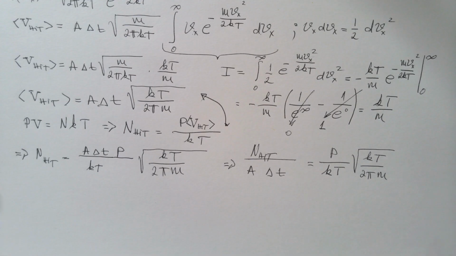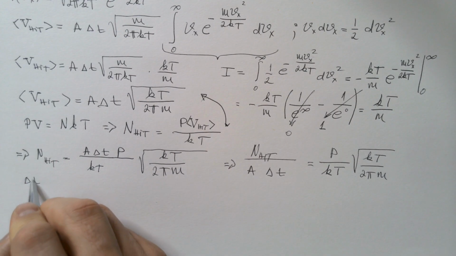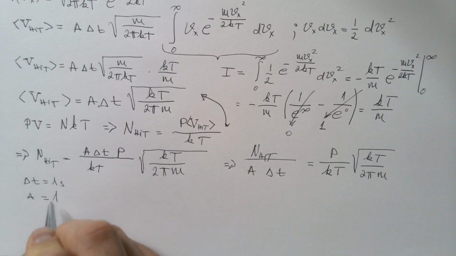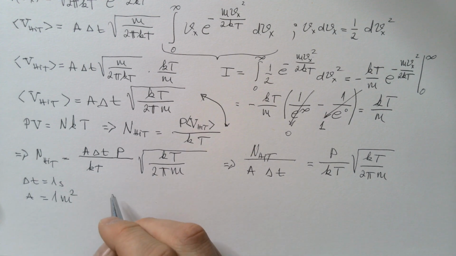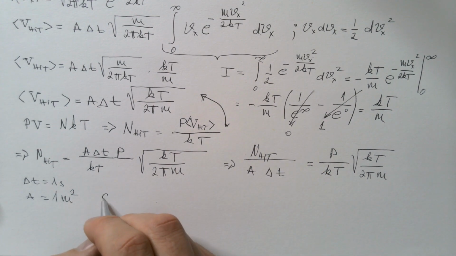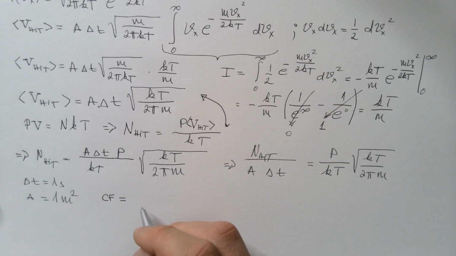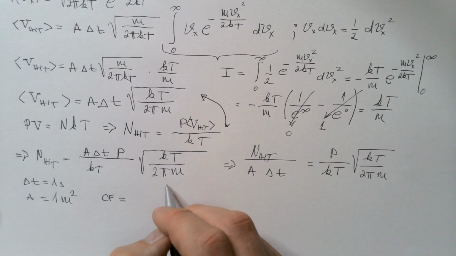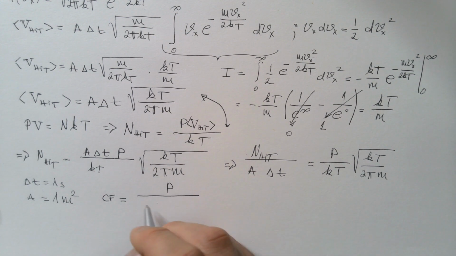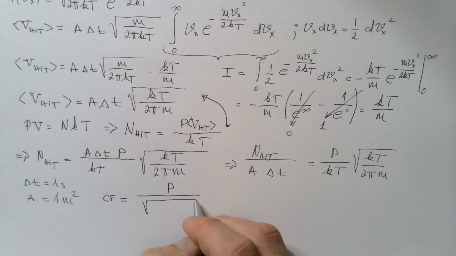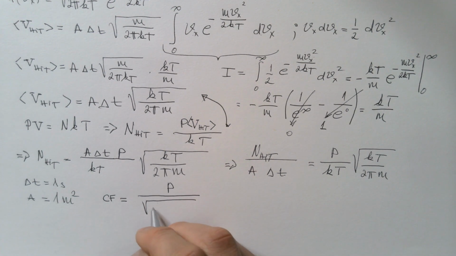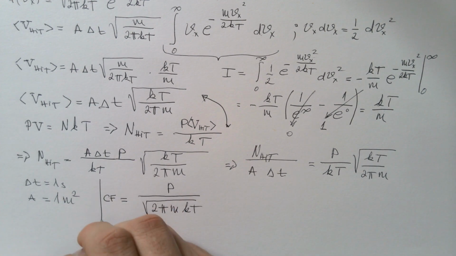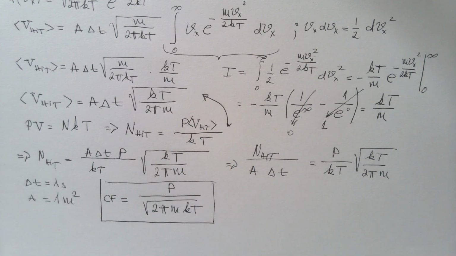If we take that delta t is 1 second and area is a unit area of 1 meter squared, then notice that this represents the collision frequency, which is equal to this, but I will now make it a little bit better, and say this is P divided by the square root of 2 pi m kT. And this is the beautiful result.